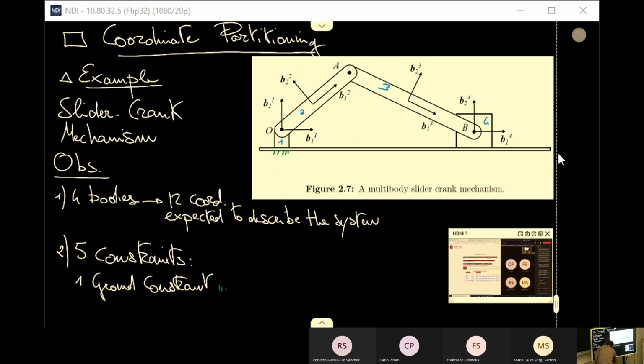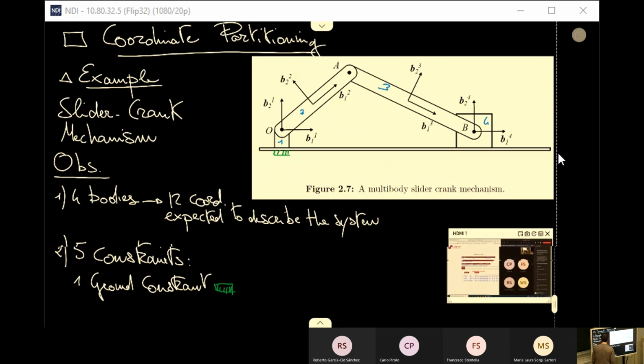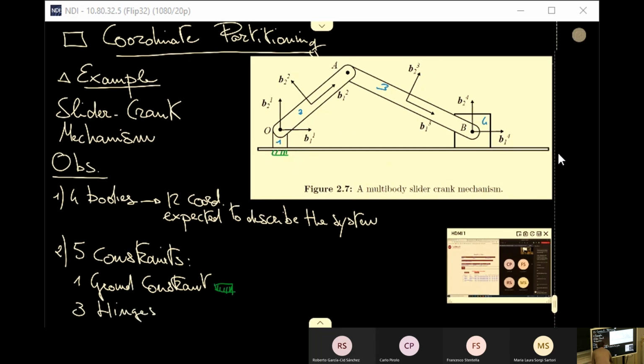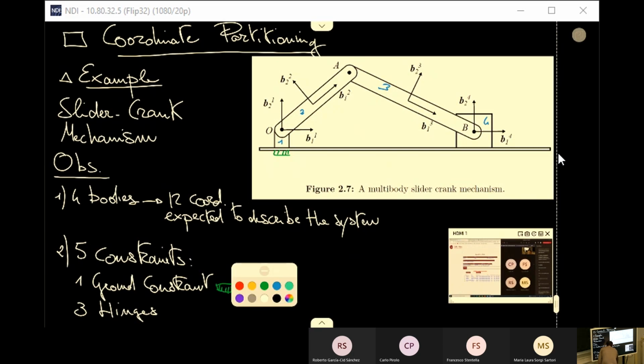That's our ground constraint. Then how many hinges do you see? Well, one in O, in A and in B, so 3 of them. So it's 3 hinges or revolute joints, which we can just call like that. One is here, the other one is here, and the third one is here.